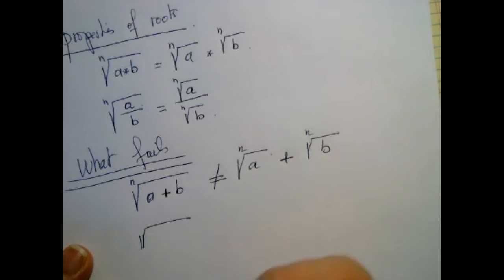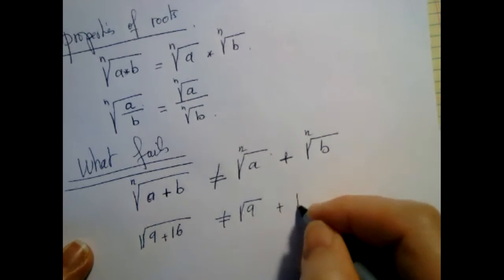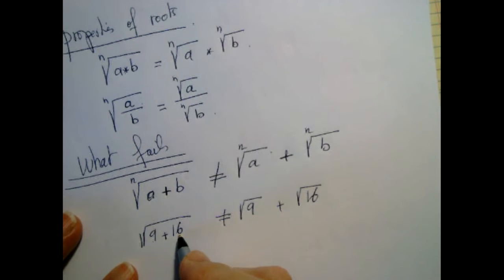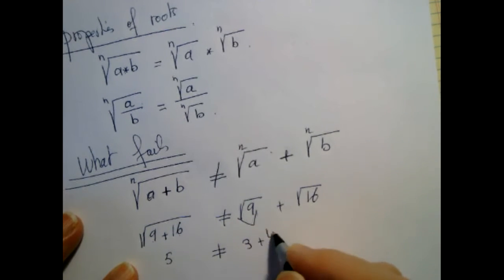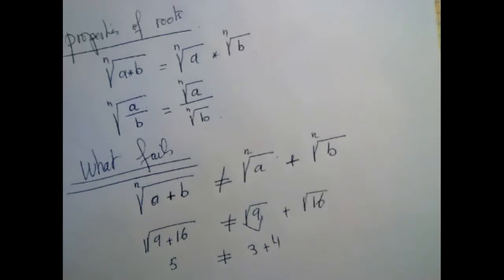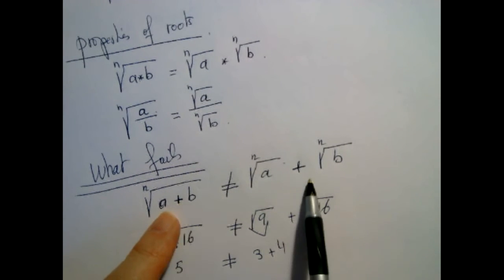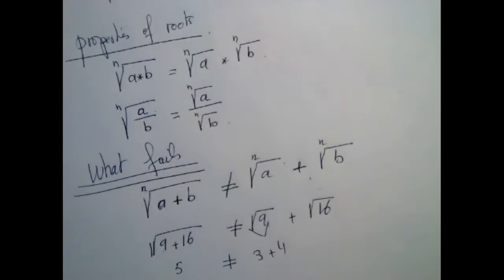Suppose I take the easy one, the square root of 9 plus 16. This is not the square root of 9 plus the square root of 16. Let's see why. 9 plus 16 is 25, and the square root of 25 is 5. The square root of 9 is 3, plus 4, which is definitely different. So it's very important that if you have a sum under the root, we can't split it. We can split a product, but we cannot split a sum.